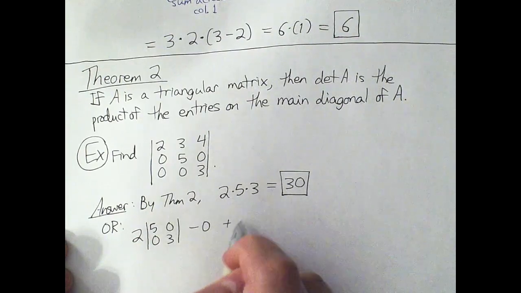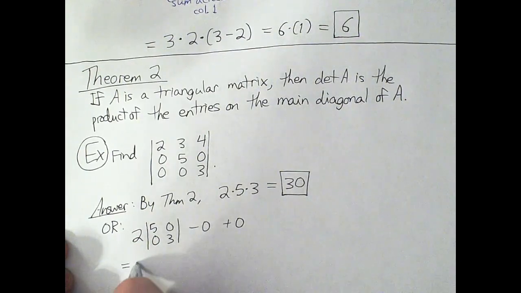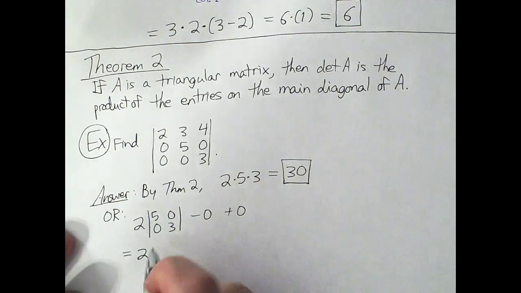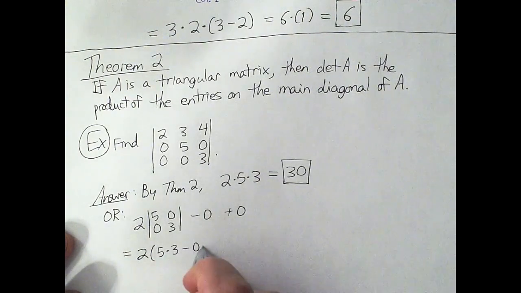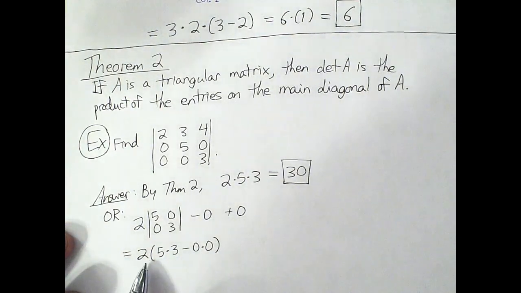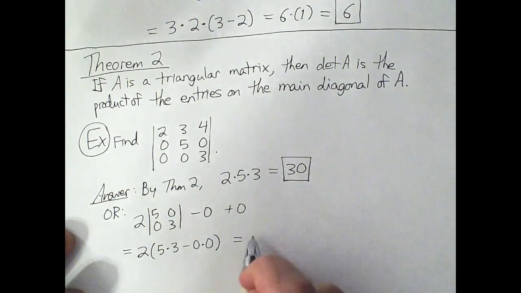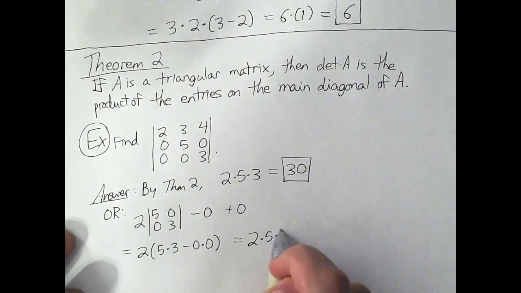Minus 0 plus 0. All right. This is 2 times, look what it winds up being. What's the determinant of this 2 by 2 matrix? 5 times 3 minus 0 times 0. Do you see that this is just 2 times 5 times 3?